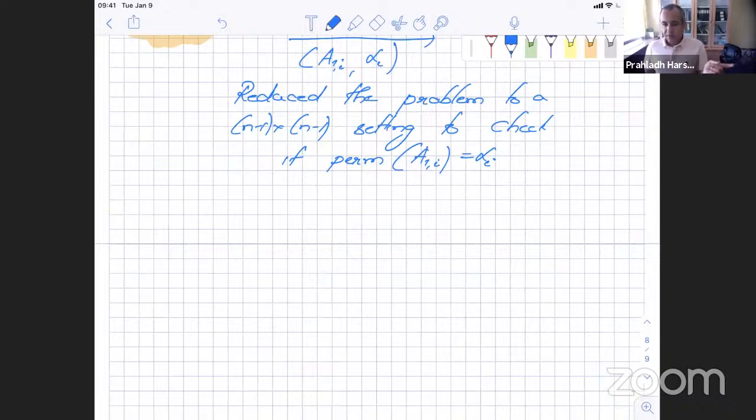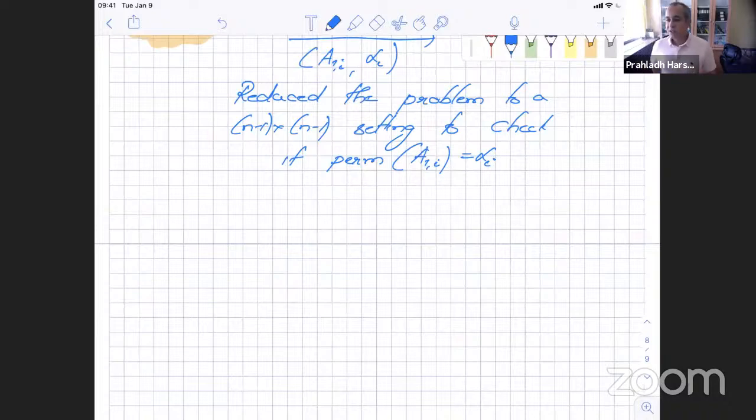The prover gives, the verifier answers. It goes all the way till you reduce to a 1 by 1 matrix, in which case the verifier need not further subreduce the problem. So it's certainly efficient. It's also complete. If the permanent was actually equal to alpha, the prover can answer honestly and cause the verifier to accept with probability 1.